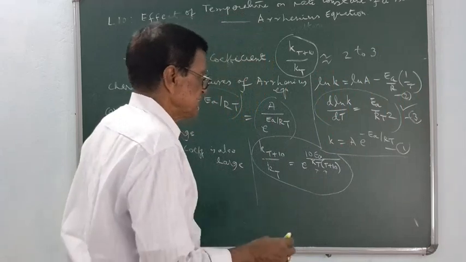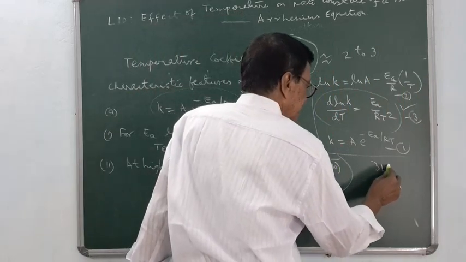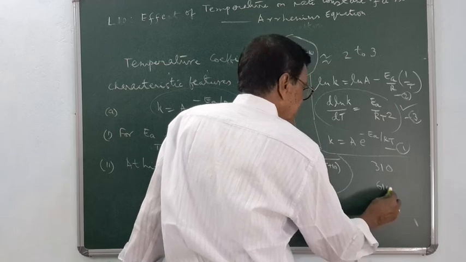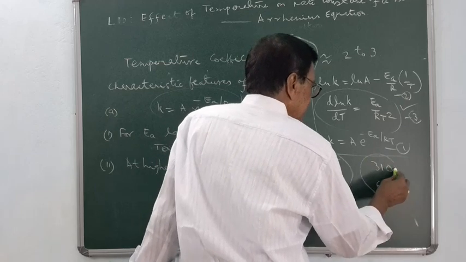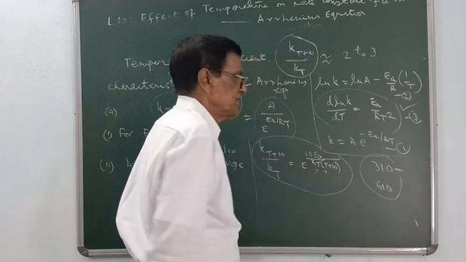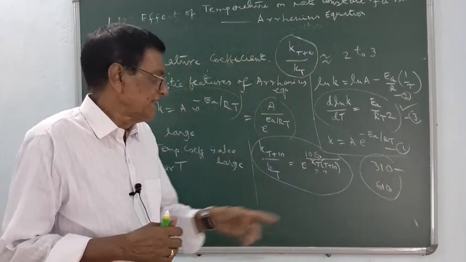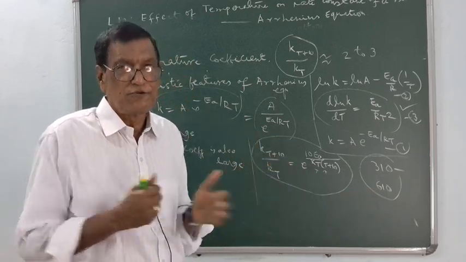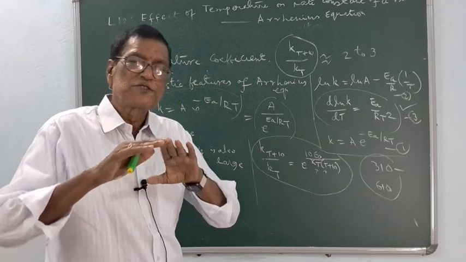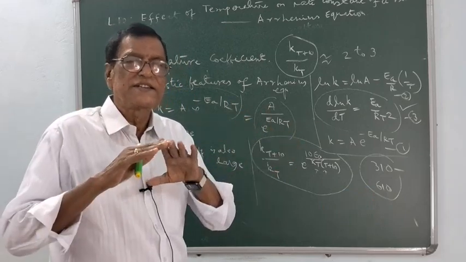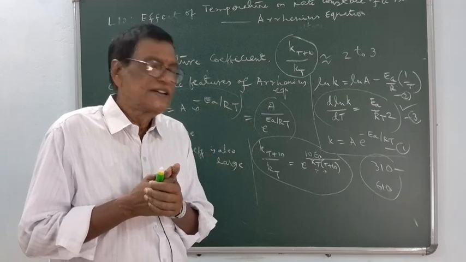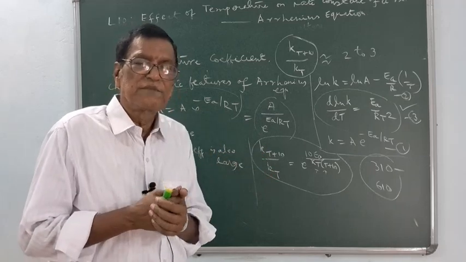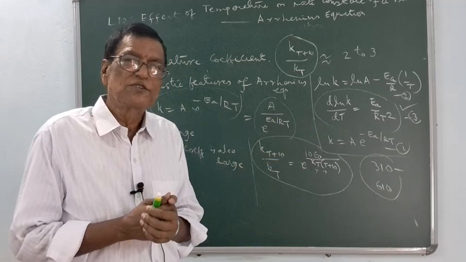If you do this experiment at 310 and 610, then here the temperature coefficient is large, here the temperature coefficient is relatively lower. Means as the temperature is increased, the reaction becomes less sensitive to temperature.